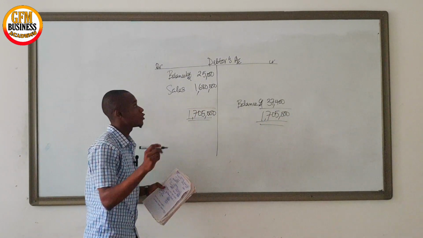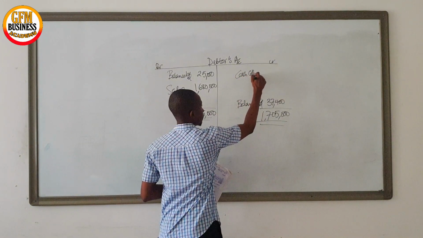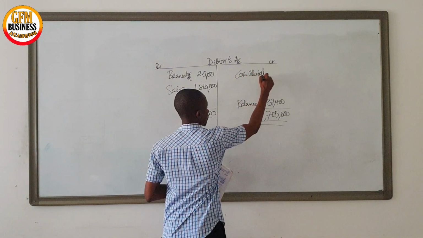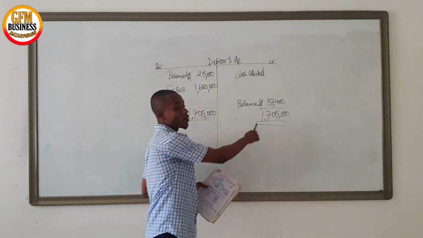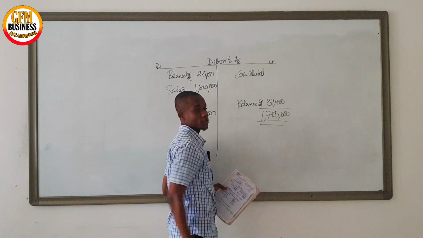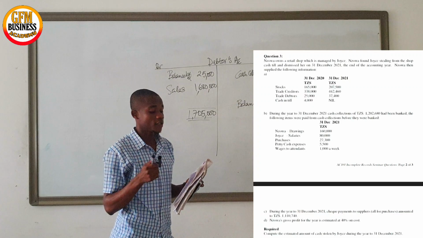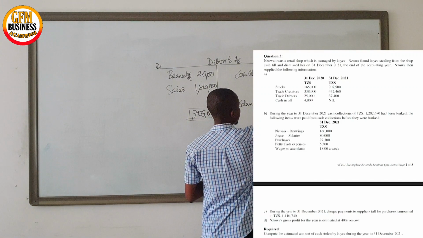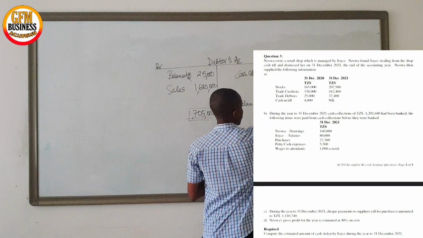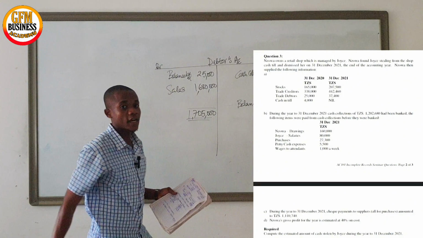Now, in order to find cash collected from debtors, you take 1,705,000 and subtract 37,400. What will you get? You'll get 1,667,600. So this was the cash collected.